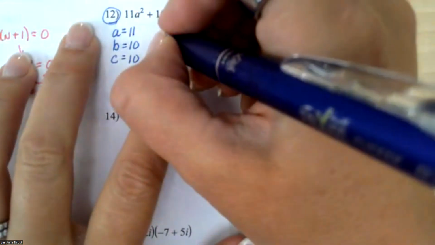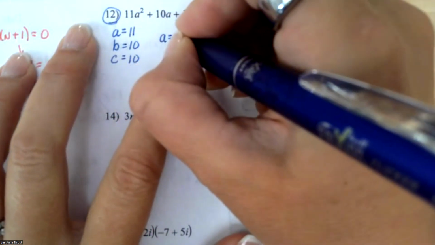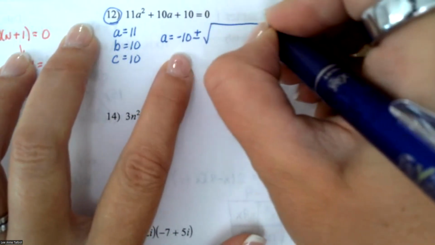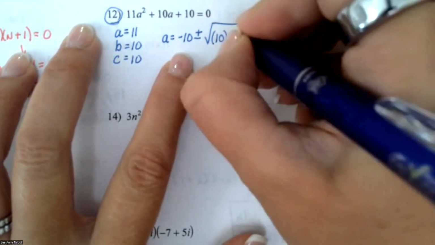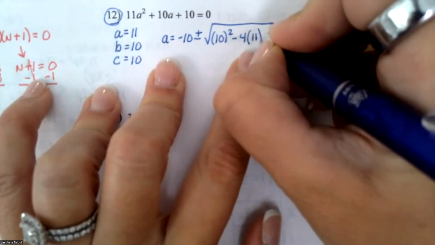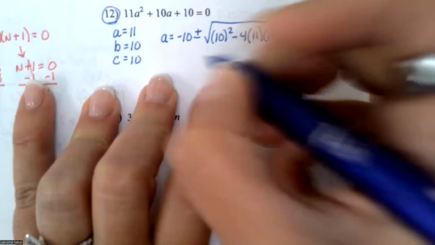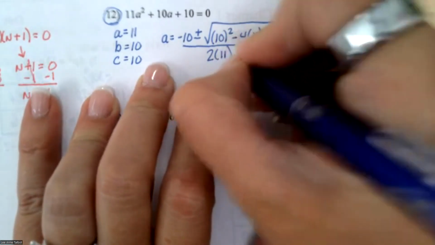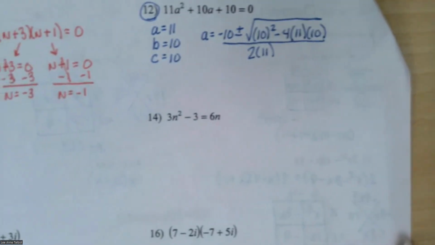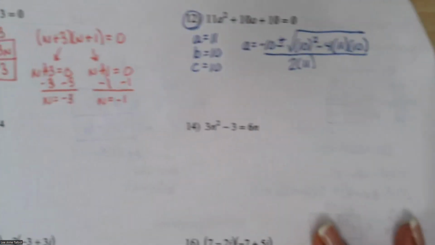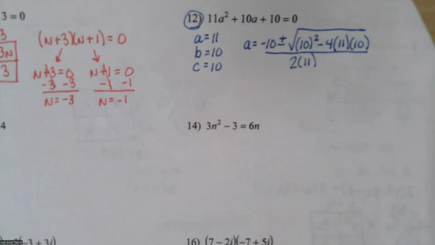Okay. x equals -b plus or minus square root b squared minus 4ac, all over 2a. Any questions about where I plug stuff in and whatnot?